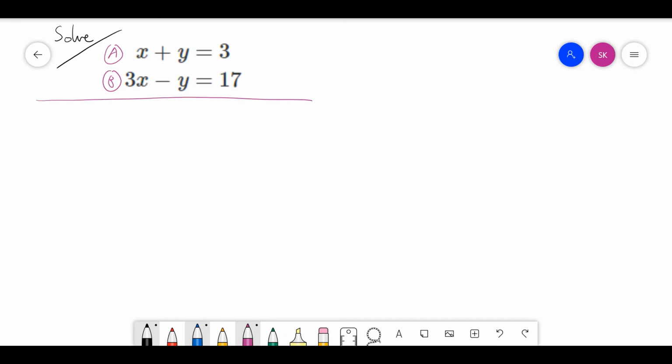So I'm writing this out. I draw my box over here. And it's all about deciding which of X or Y we're going to get rid of first. So I said we're going to eliminate the one where there's the same number in front of it for both equations. Well, the X's have got a 1 and a 3, so that's not the same.